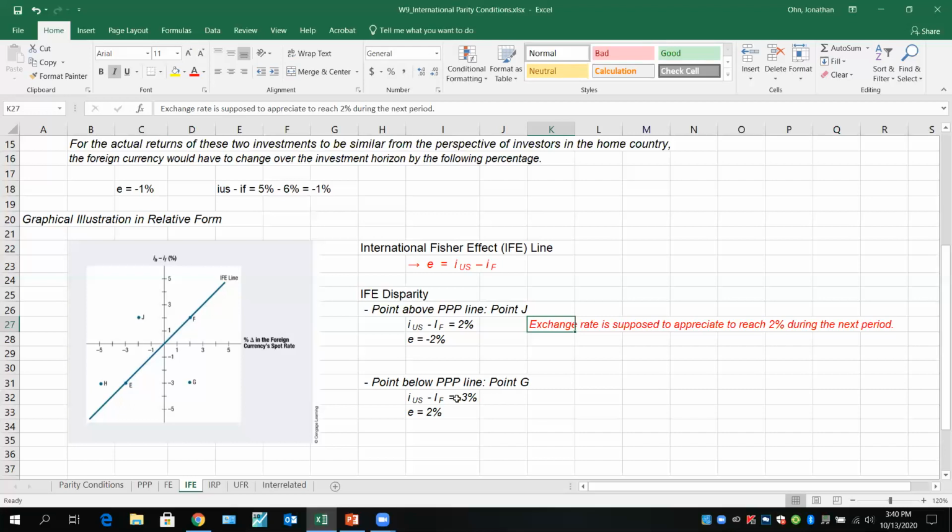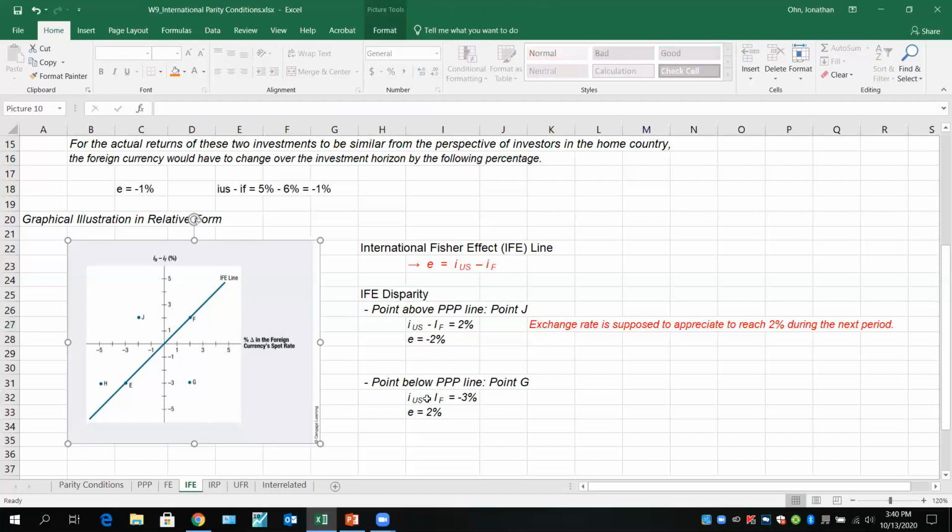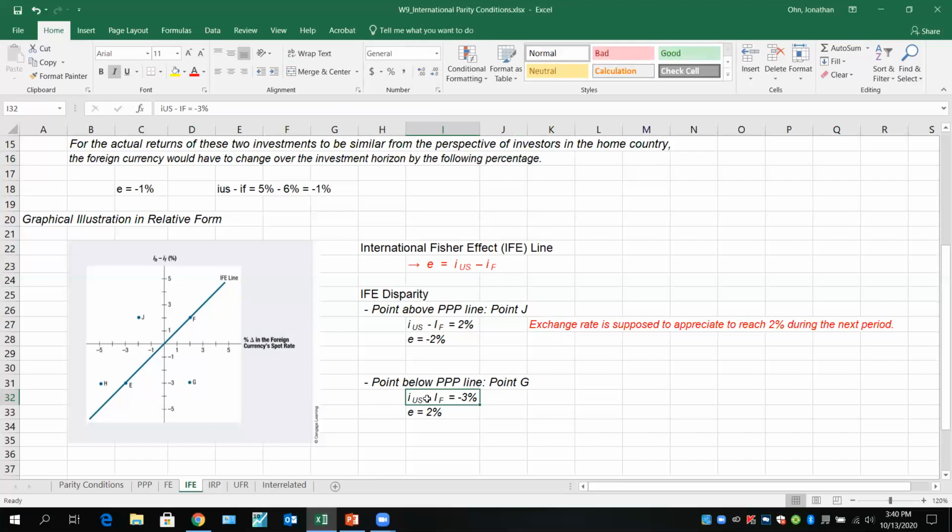All right. Now let's look at G there. In this case, the relative interest rate. This one should be a small i, because that's the relative interest rate. So here, relative interest rate is minus 3, and the percentage change in foreign currency is 2%.